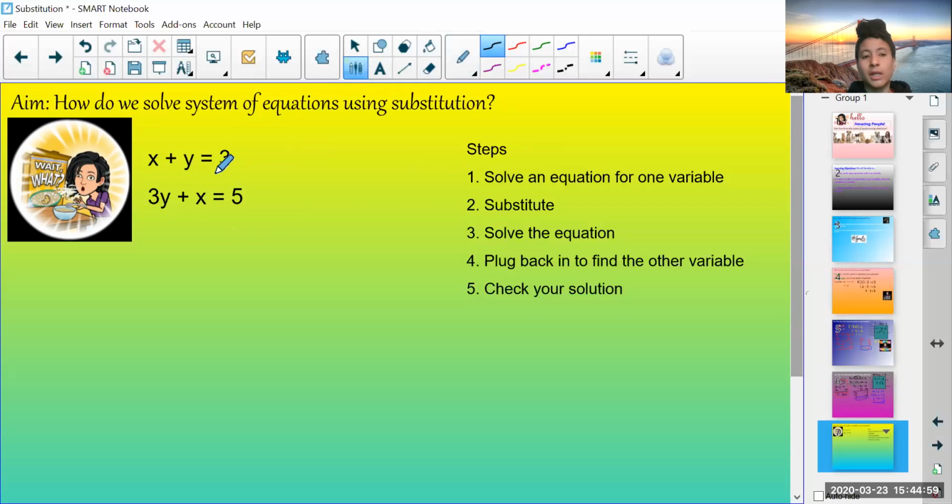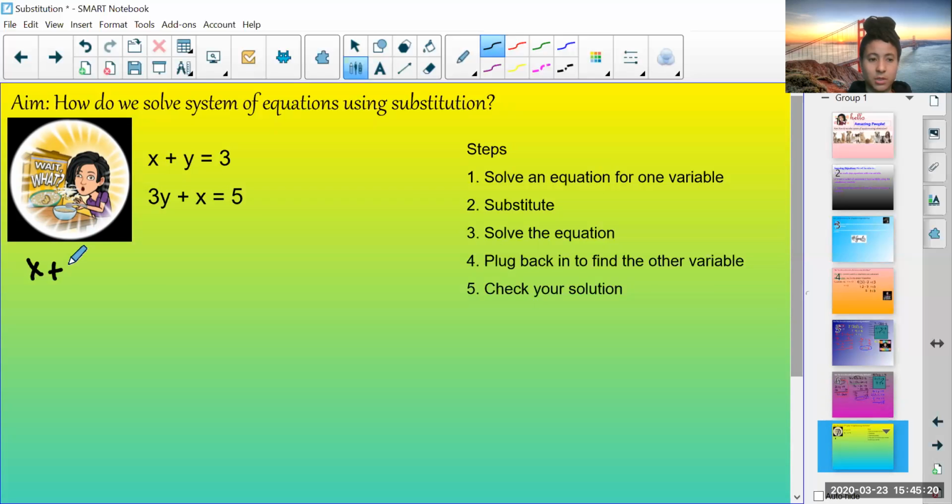So I want to get x by itself in this case because I see x is a 1 here. X here also has a coefficient of 1. But if you want to solve for y, you could do it using this equation because y also has a coefficient of 1. But I just want to use a different letter in this case. So I want to solve for x.